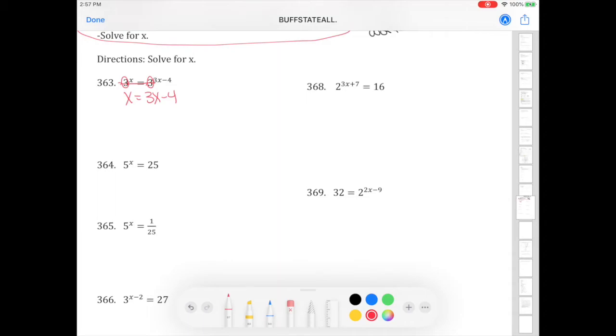Get your x's all to one side, and then just try to get the x by itself. For this one, I'm going to subtract 3x over to the left side to get my x's together. 1x minus 3x is a negative 2x, and that's equal to negative 4. Now my last step to get x by itself is to divide by negative 2, divide by negative 2, and I get x is equal to 2.